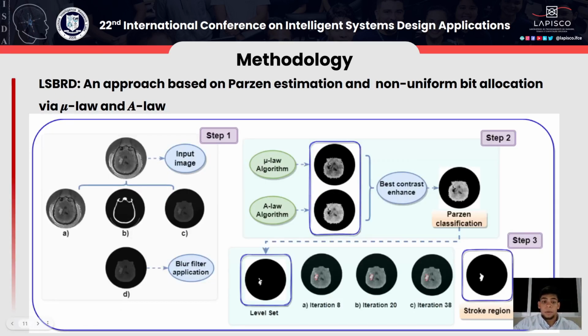So in step 2, the processing with MILAW and ELAW, the region of interest detection, the pixel range that contains the brain region is between 56 and 76 Hounsfield units. Given that the MILAW, when applied in the region, the pixel intensities allocation tend to be close, that causes a level of lightening in the image.